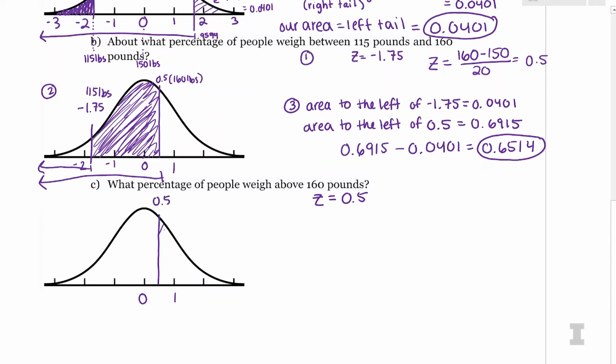And I want to know what percent of people are above that weight, so I'm going to shade everything to the right. I did step 1 in the previous problem, and then lastly, I want to know the area to the right of 0.5.